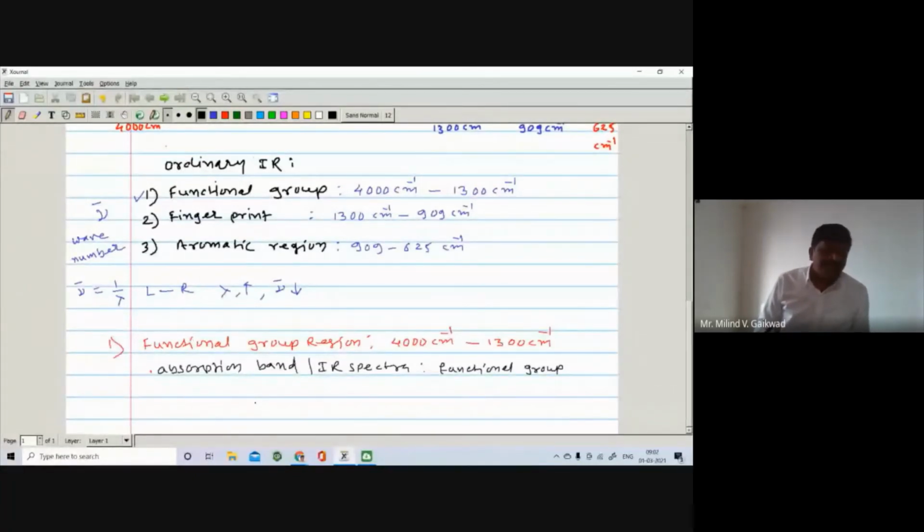As this region is on the left side, it means more energy.